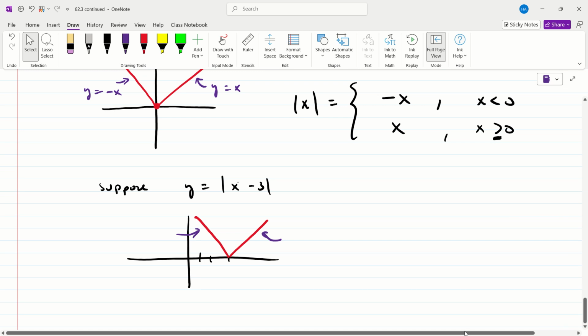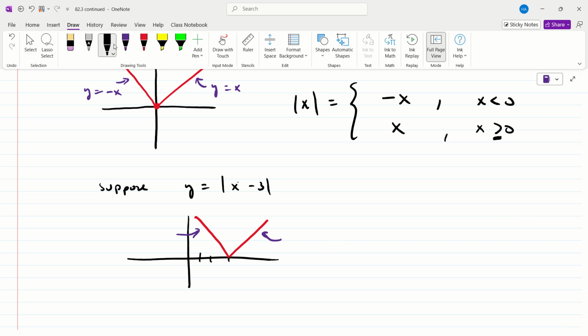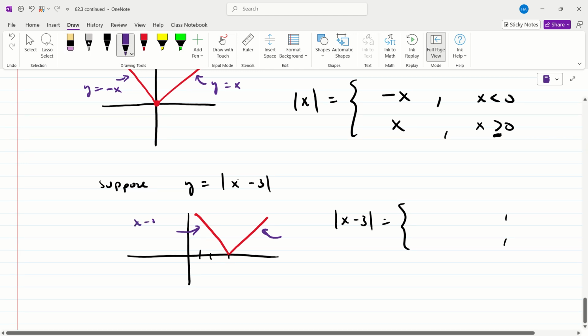So if I'm thinking about taking the absolute value of x minus 3 and breaking it up into a piecewise defined function, on the left-hand side, I'm going to take whatever was inside my absolute value, which is x minus 3, and make it negative.